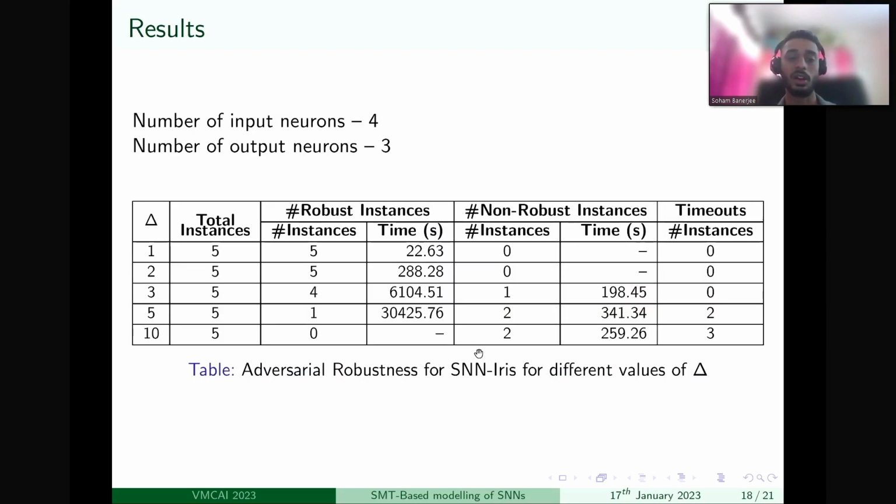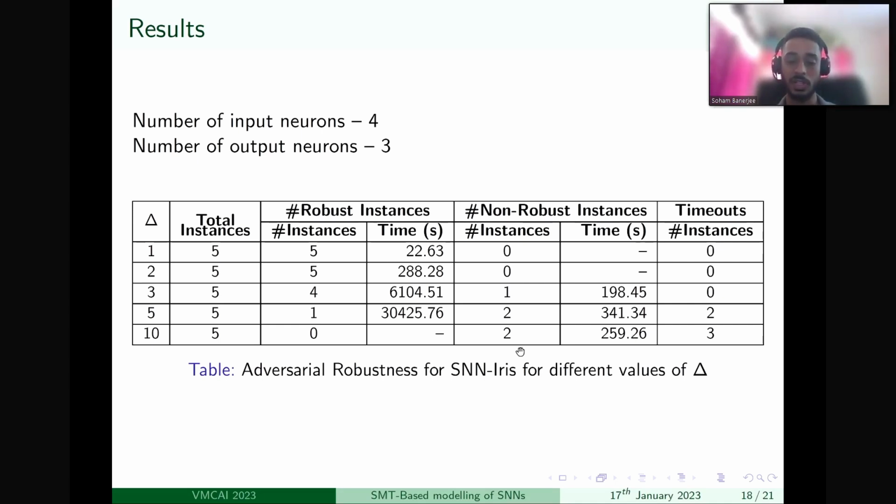For the SNN on the IRIS dataset, we have 4 input neurons and 3 output neurons, and we test the adversarial robustness for 5 different values of delta. We see that with increasing value of delta, the number of robust instances goes down. For lower values of delta, all the inputs are robust, but for higher values of delta, we slowly start to see the number of robust instances going down.